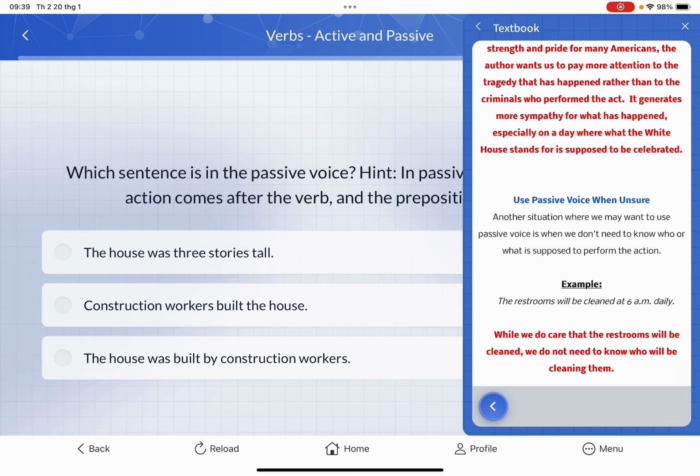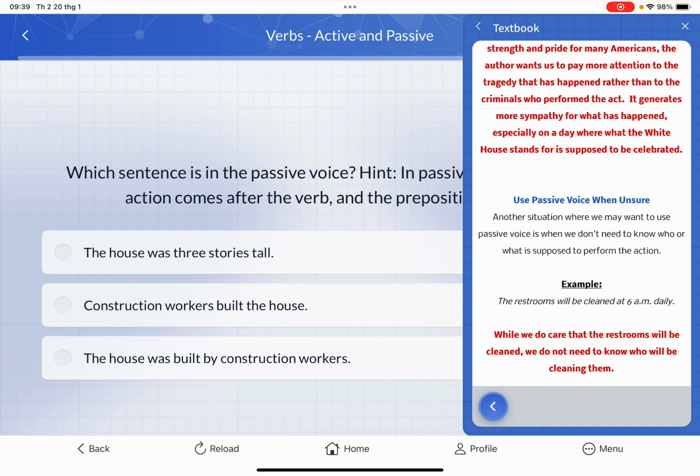We don't know who would be cleaning. So we would use the passive voice when we are unsure about the person who's going to perform the action. The person who would be cleaning might be anybody, but we don't know for sure who it is. So we would use passive voice like this.